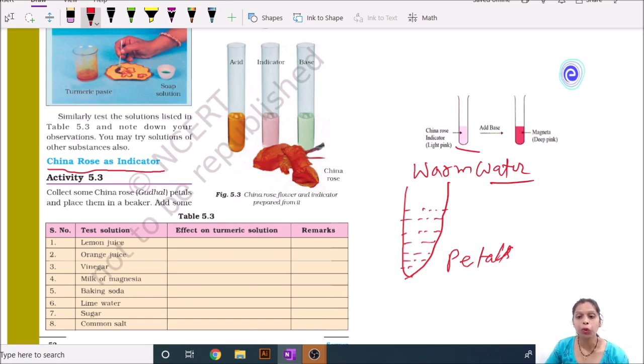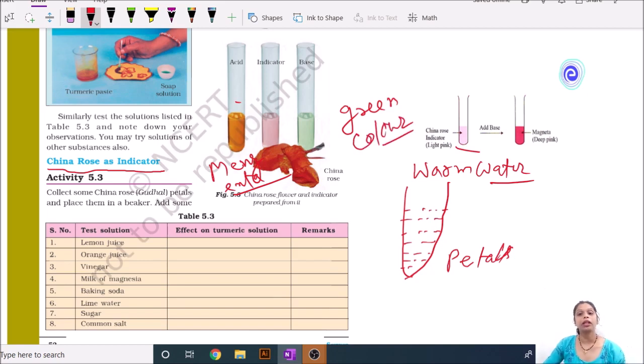And when we take some drops of China rose petal indicator and put them into acids, it gives a magenta color. And when we put some drops into a basic solution, it gives a green color.